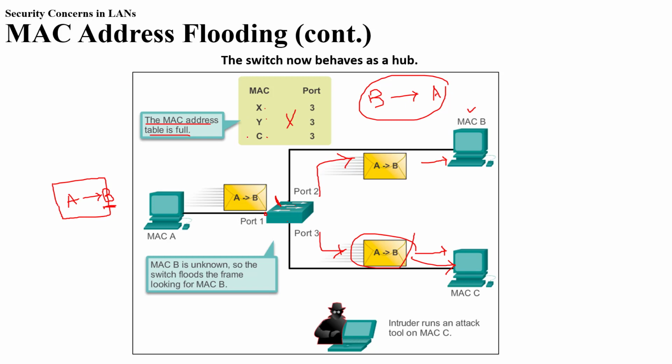There is no information because the table is already full. So the switch is going to broadcast. The packet will go to A and a copy of the packet will come to C. So now the attacker is making your MAC table full and capturing all the packets.